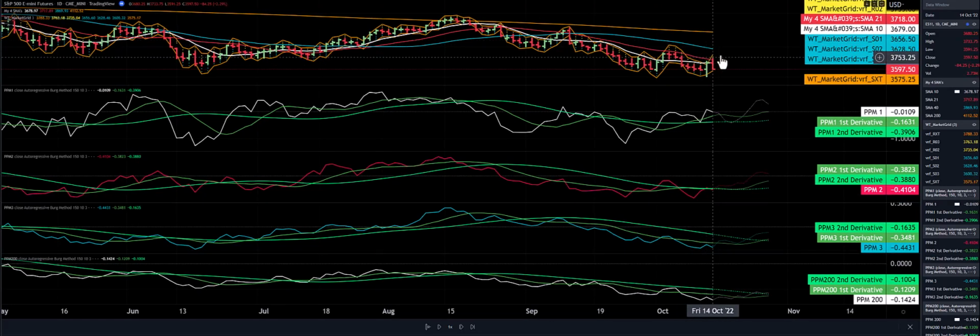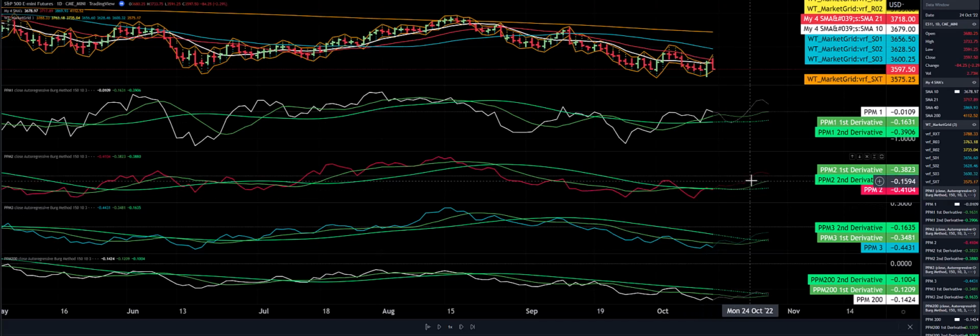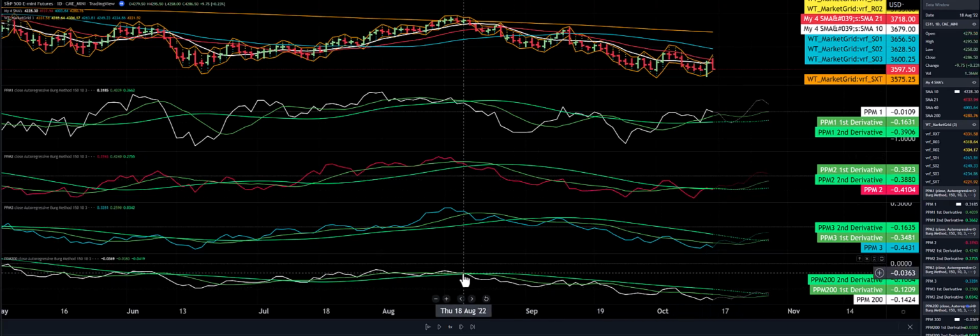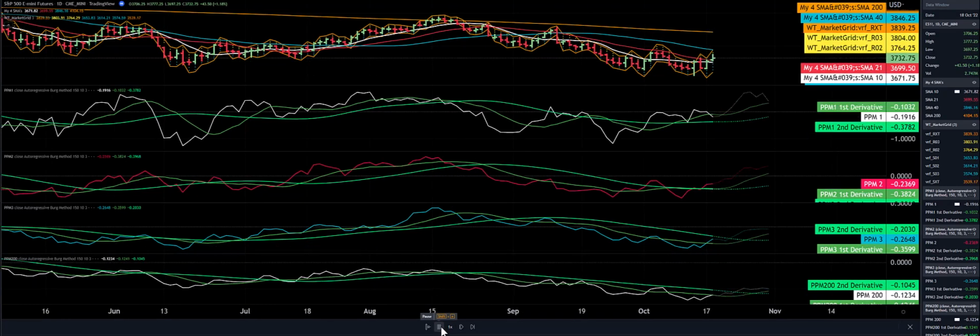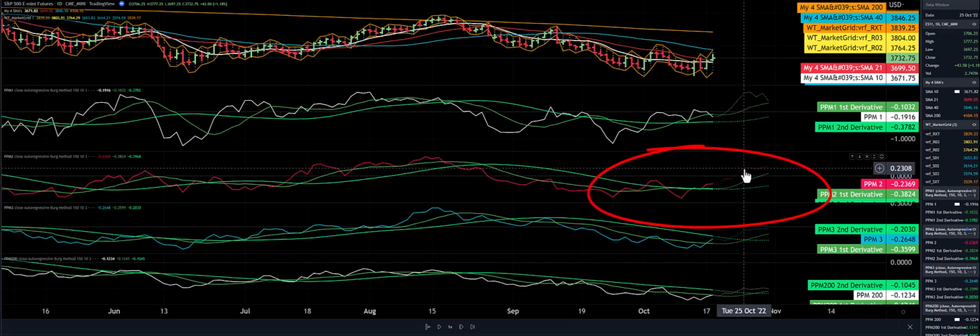Quick indication again, back to the 21. Now the 21 is suggesting there's a very potential move to the upside here. See if we get anything there. Okay, so now it's done exactly that. Now you see the predictive, the grayed out area is suggesting we're going to continue to move up.